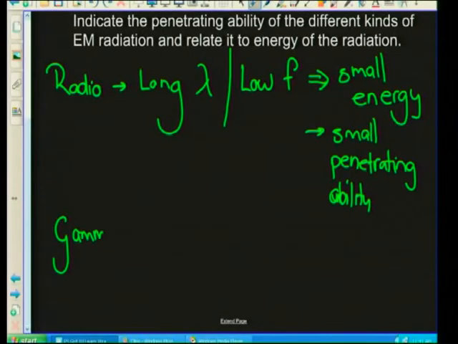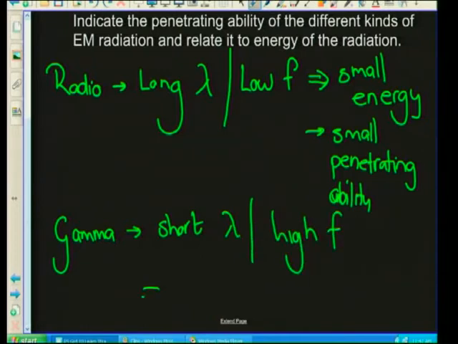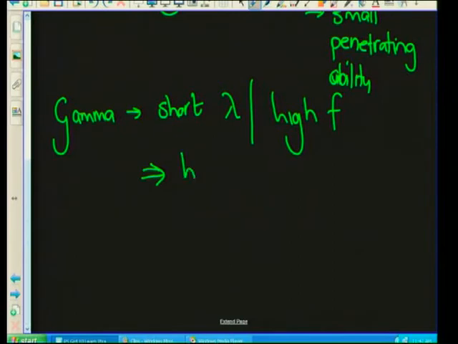However, we get to the other end of the spectrum where now we're looking at our gamma rays. They have a very short wavelength and a very high frequency, which means they have a very high energy.